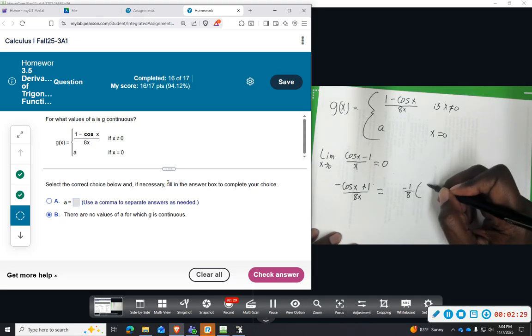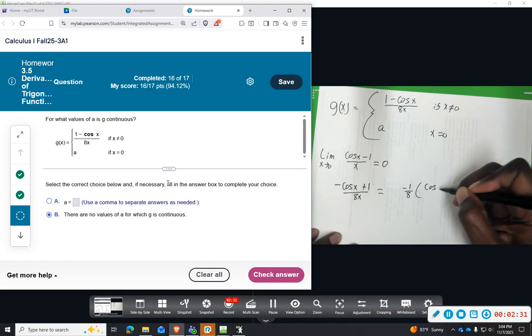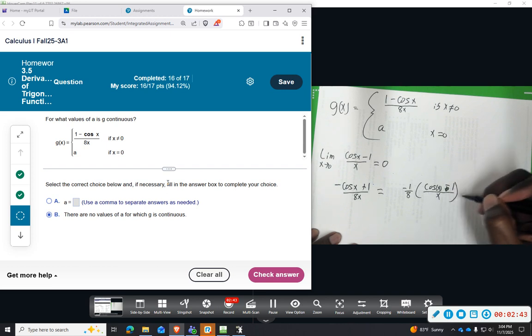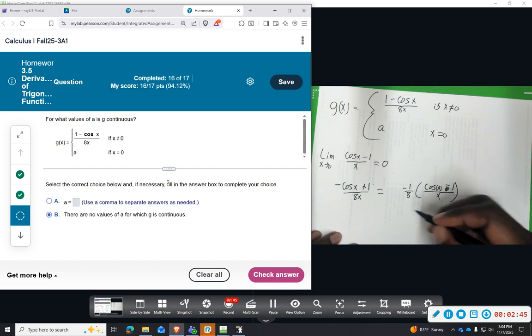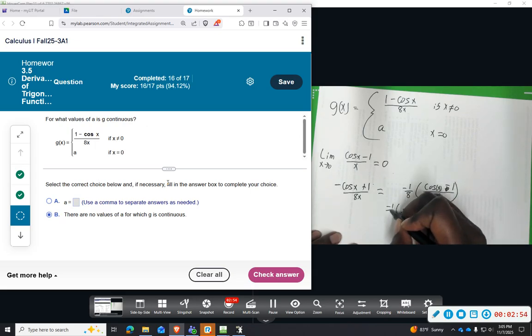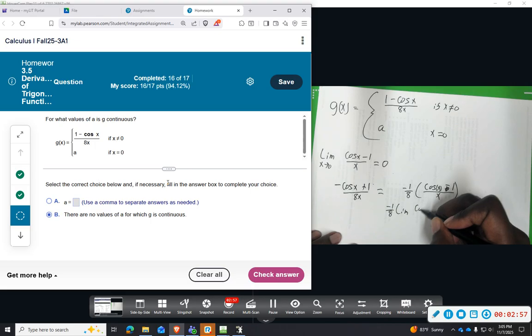And now I will have cosine x minus 1 divided by x. Okay, so now if I take the limit of this function, and I'm going to factor out the negative 1 over 8, the limit of cosine x minus 1 over x.